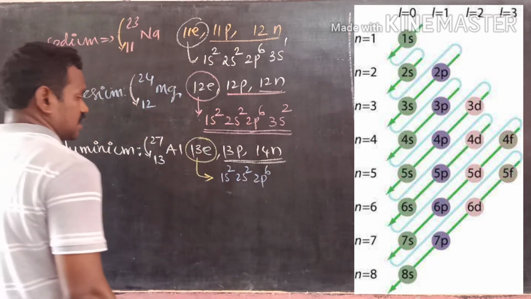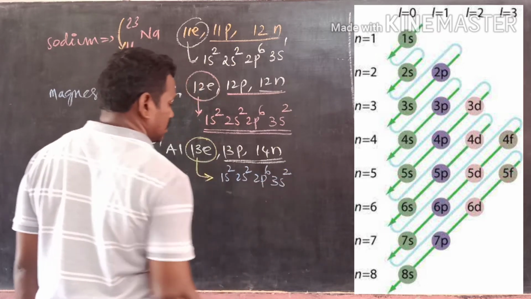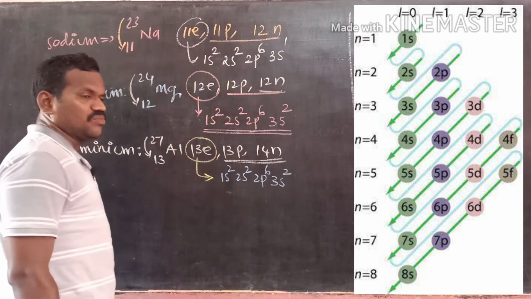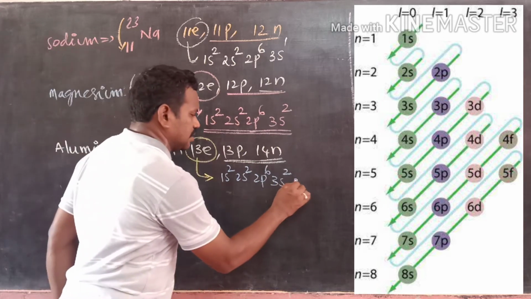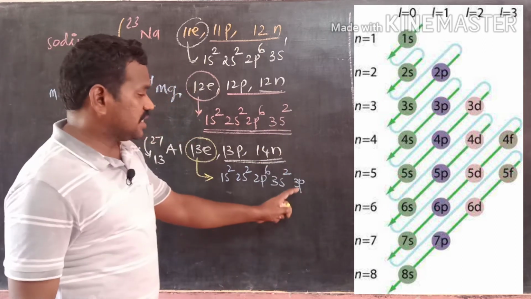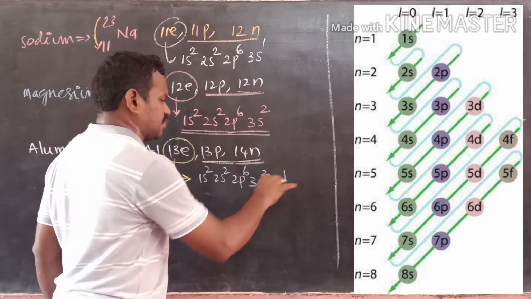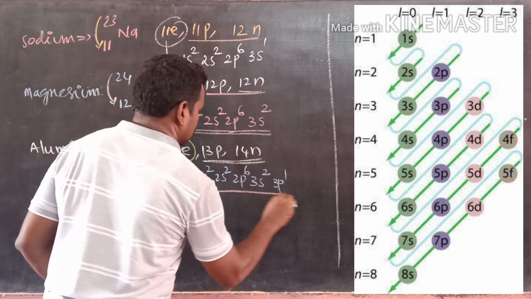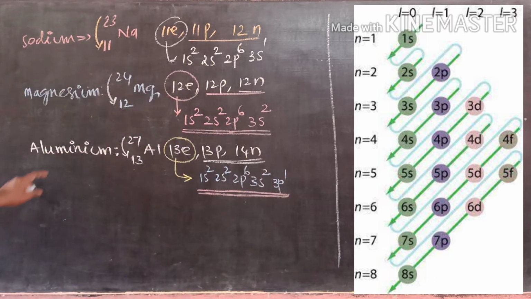Totally 10 electrons are completed, and 3 electrons remain. After 2p, the next orbital is 3s, and 2 electrons are accommodated. As per Hund's rule and the Aufbau principle, the next energy orbital after 3s is 3p. 3p can accommodate a maximum of 6 electrons, but only 1 electron is left. The electronic configuration becomes 1s2, 2s2, 2p6, 3s2, 3p1, which is the electronic configuration of aluminium.